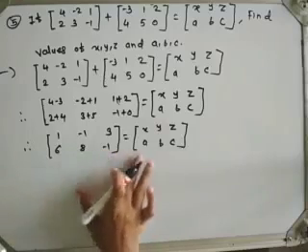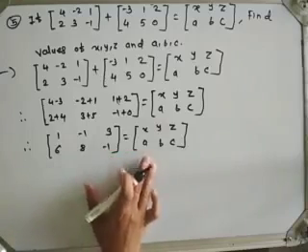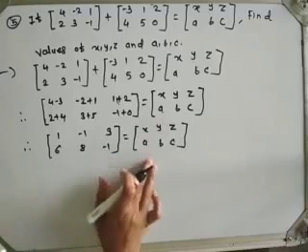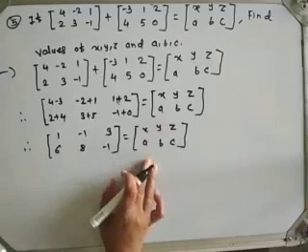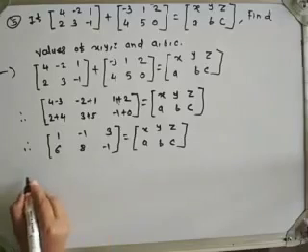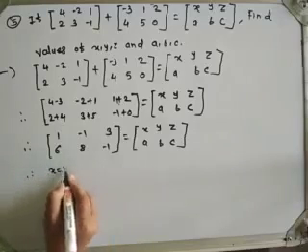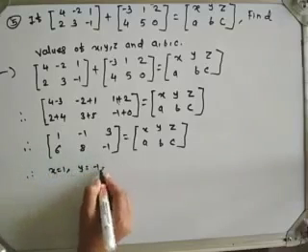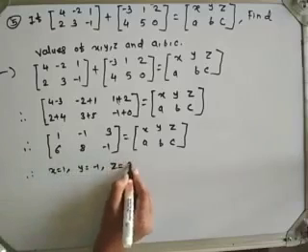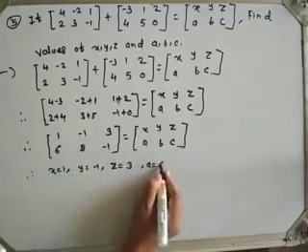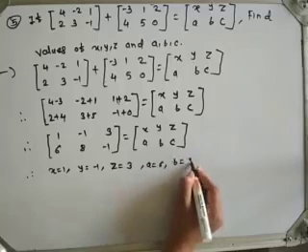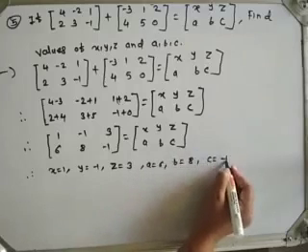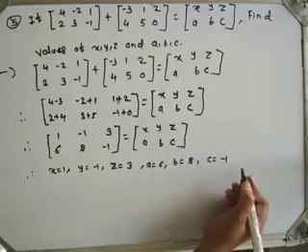See here, these two matrices are equal. We know that two matrices are equal if corresponding entries are equal. Therefore x is equal to 1, y is equal to -1, z is equal to 3, a is equal to 6, b is equal to 8 and c is equal to -1.